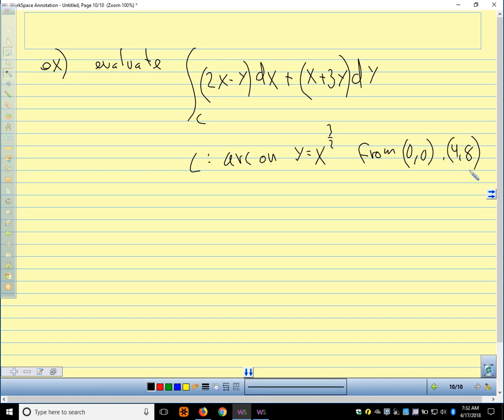Now what we would do previously is this was not a difficult curve to parameterize, let x equal t. And then we could substitute.